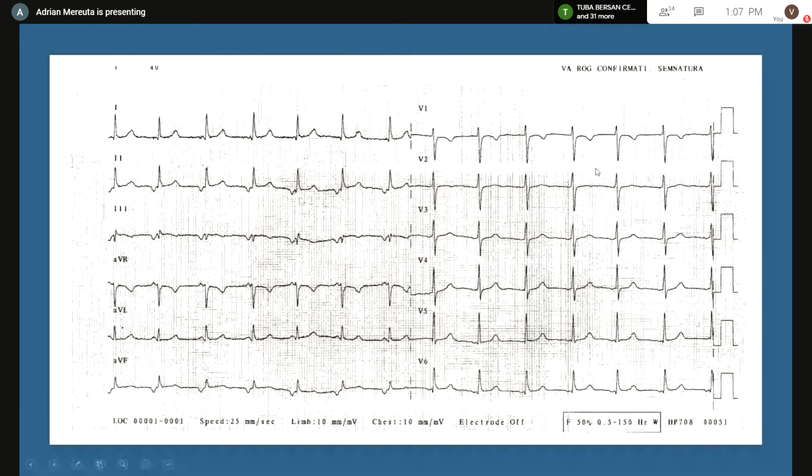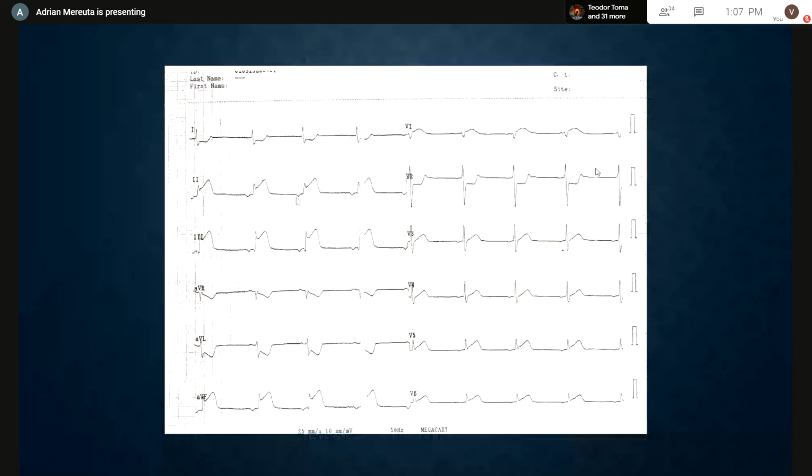Okay, other case. What is here? It's a classical ECG. I showed you before. Who can tell me something about this ECG? Nobody? Okay. It's still an atrial rhythm, but it's not sinus because it's negative in lead 2 and positive in aVF.